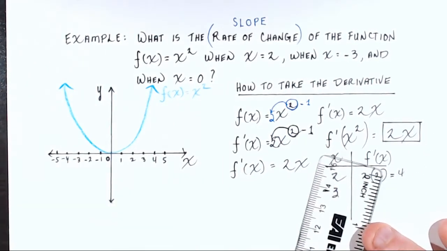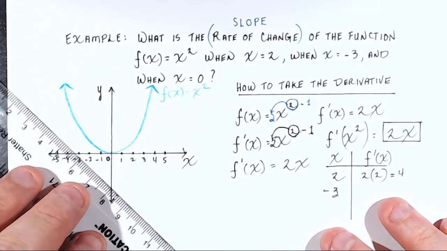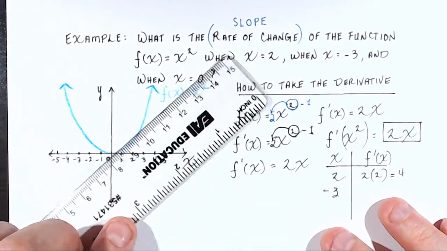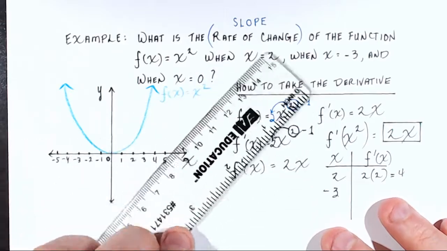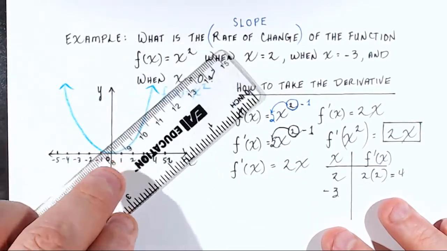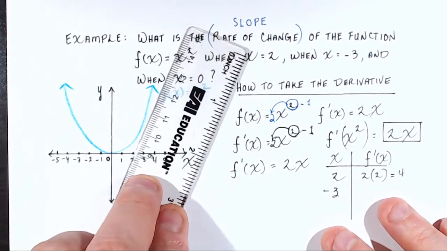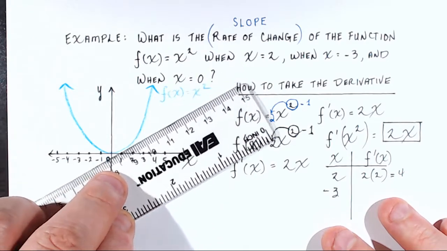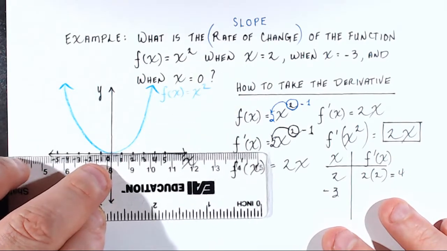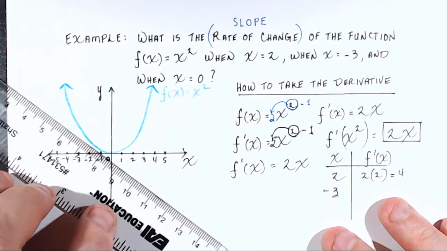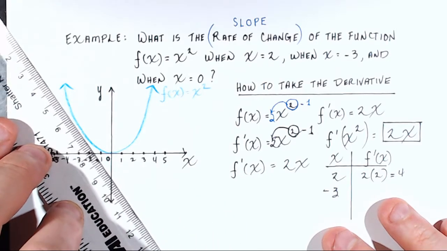Let's go over here. We'll use our ruler to kind of move it in. I know I can't come in like this because I can't cut across the picture. So I start over here, turning this ruler the whole time until I get over to where x is negative 3.